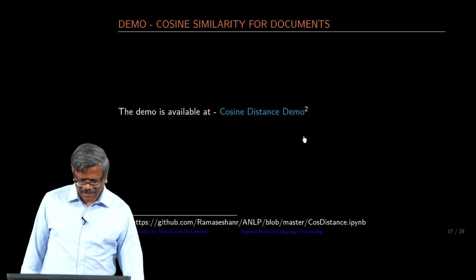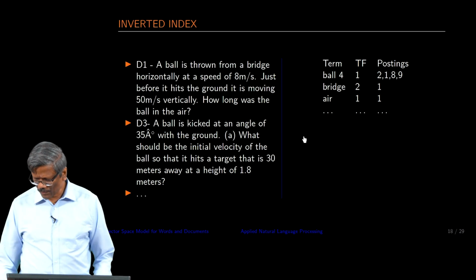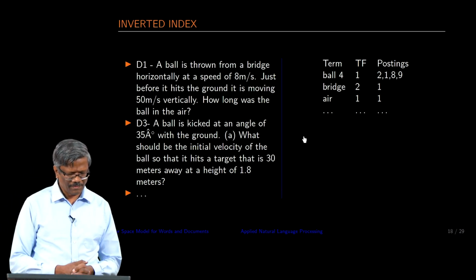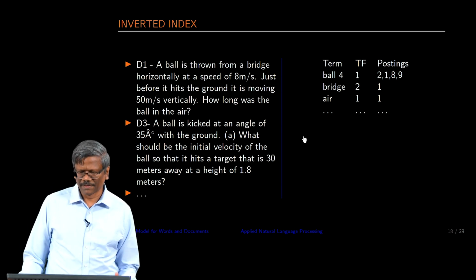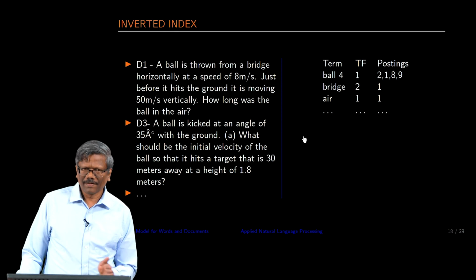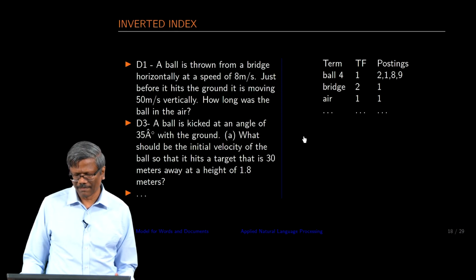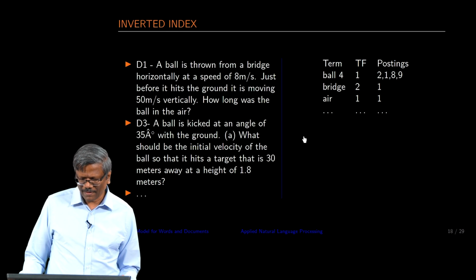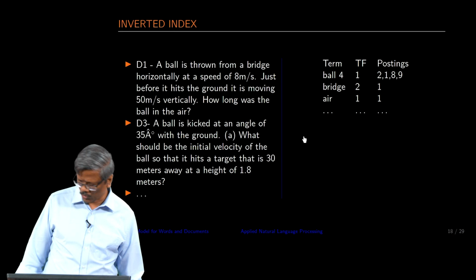So, we have just finished our cosine distance demo, and one more thing we also want to look at is when we try doing the similarity for a huge document set. So, we can create one inverted index for all the documents that we have. For example, for a given document, you can construct a term frequency and a posting.